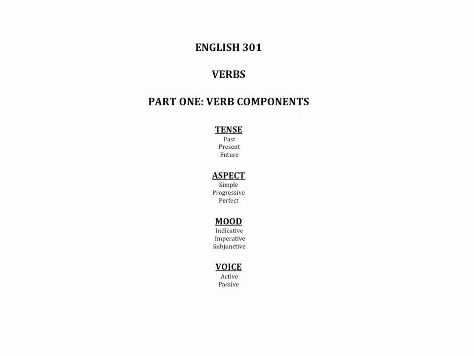The present is a current action. I smile. The future is a future action. I will smile. We add the word will to indicate grammatically the future. Seems obvious enough. We'll get into some examples shortly.